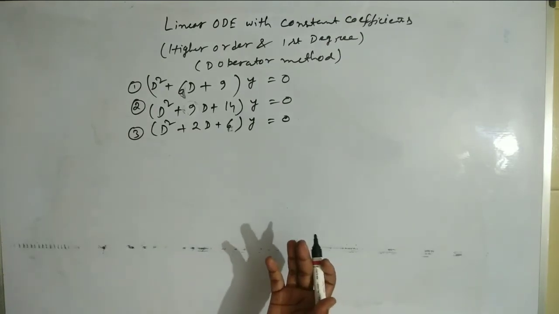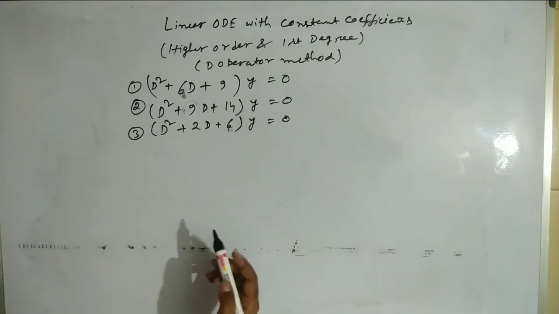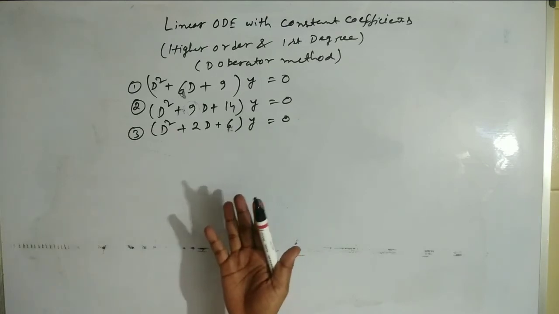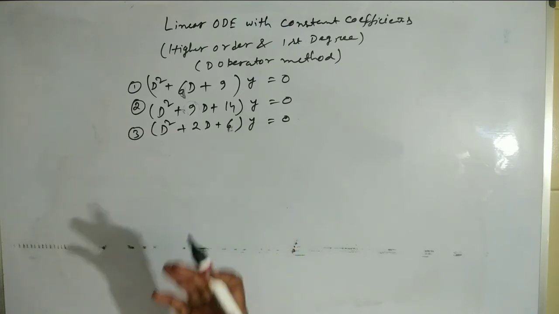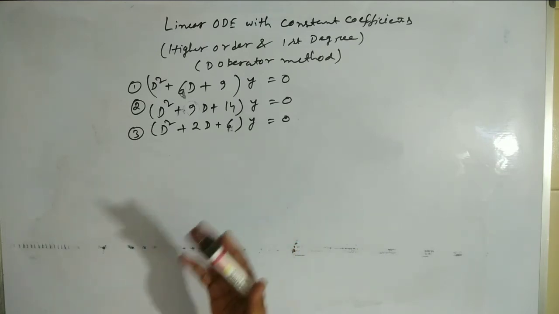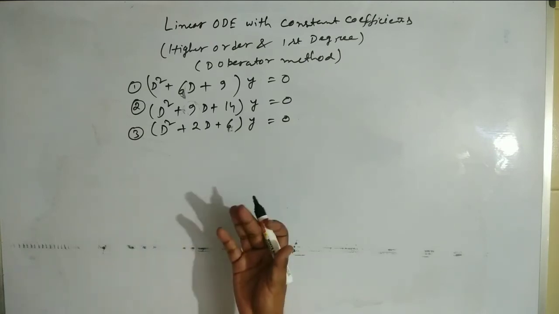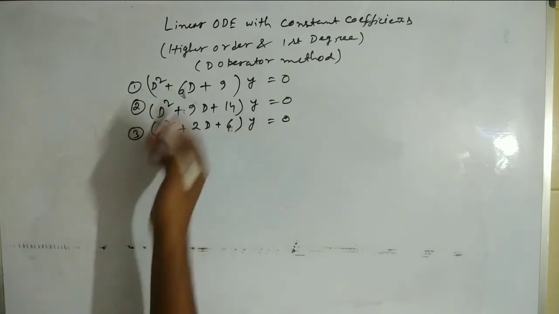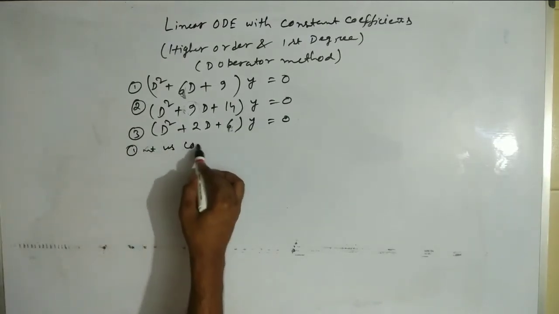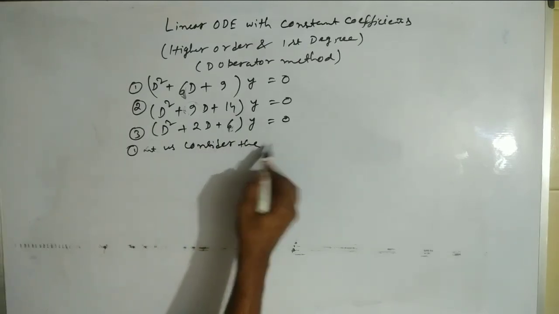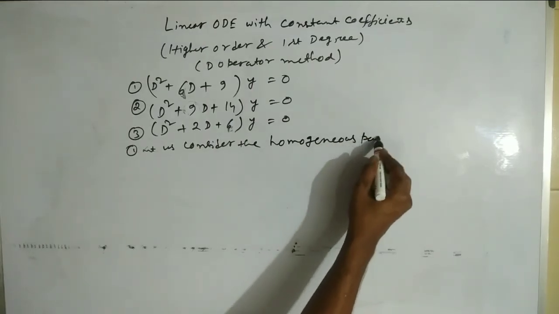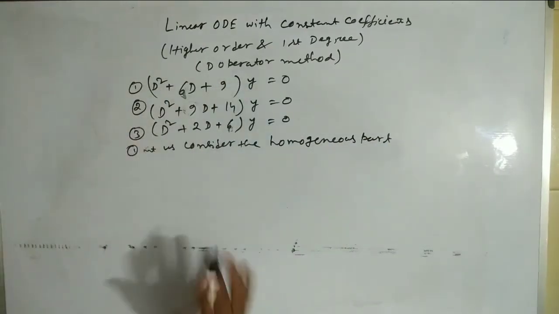Now if I consider the first problem, in this video I just discussed how to find the auxiliary equation, and I have also given you some examples, and you know how to find the auxiliary equation. So I am doing it here for the first example. Let us consider the homogeneous part of this equation.